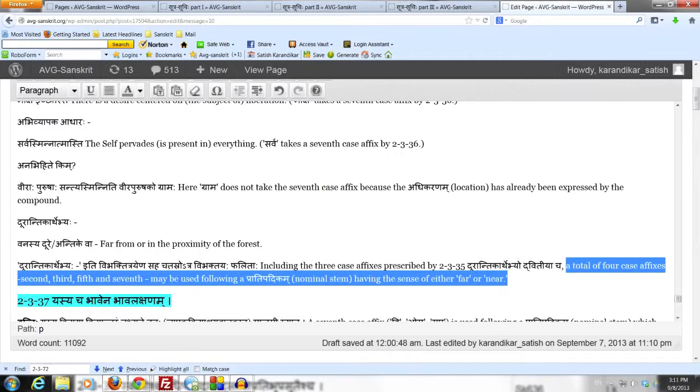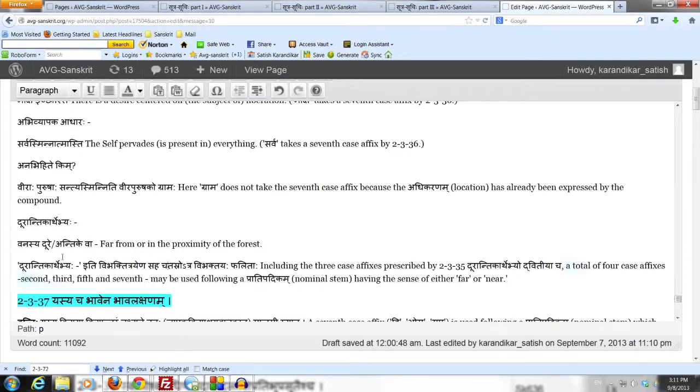So we can say vanasya duram, vanasya durena, vanasya durat, or vanasya dure. Similarly, vanasya antikam, vanasya antikena, vanasya antikat, or vanasya antike.